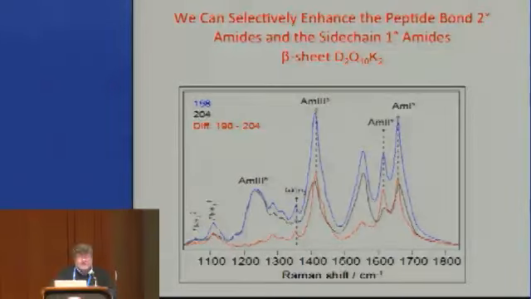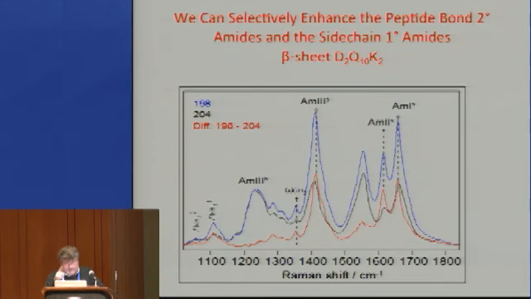We can also study the hydrogen bonding of the side chain. It turns out the pi to pi star transition of the side chain amide is redshifted compared to the backbone.